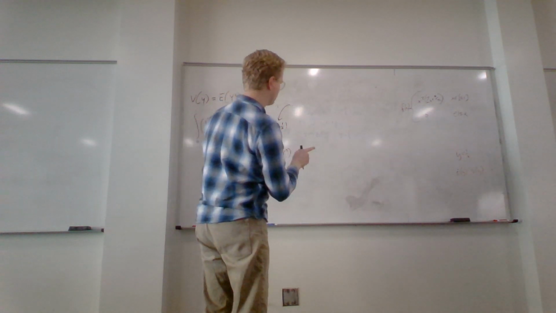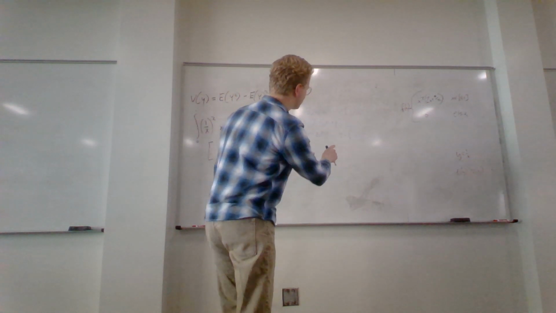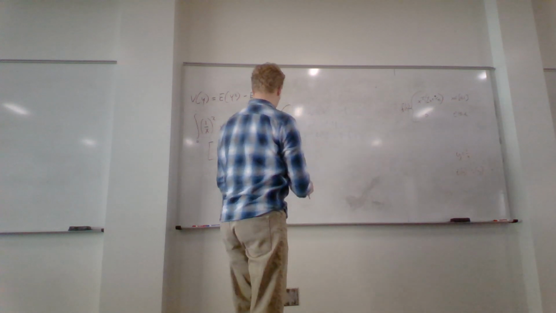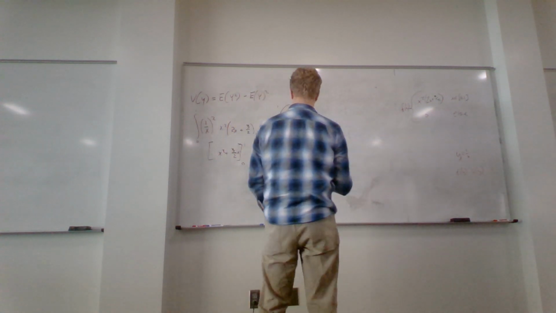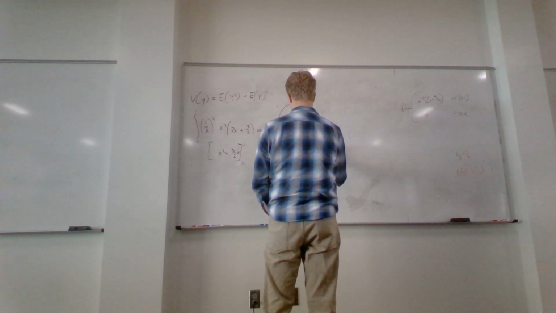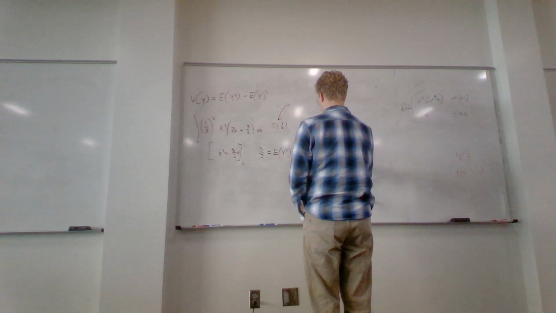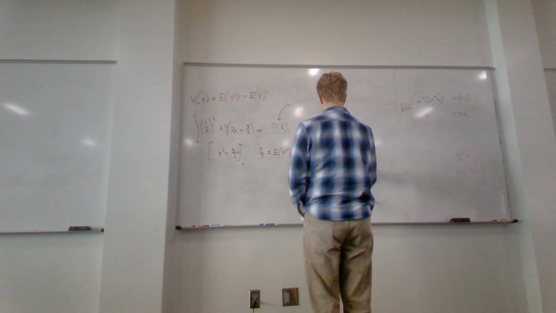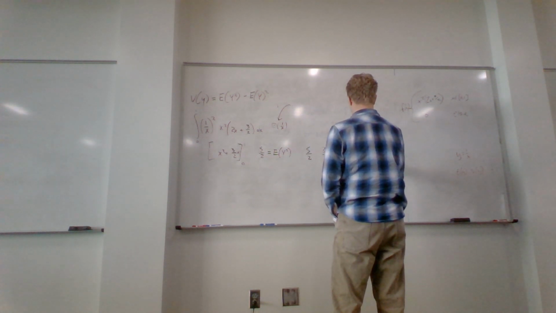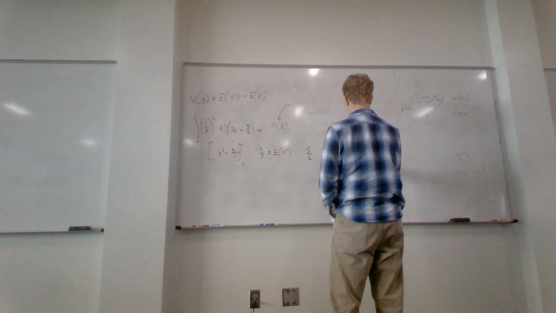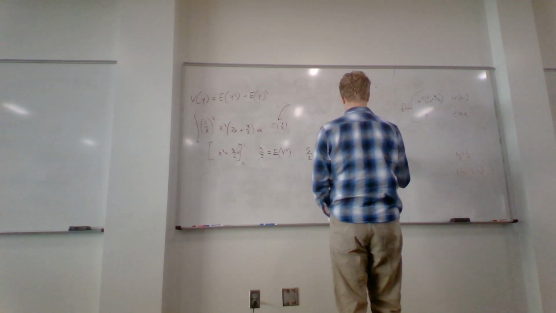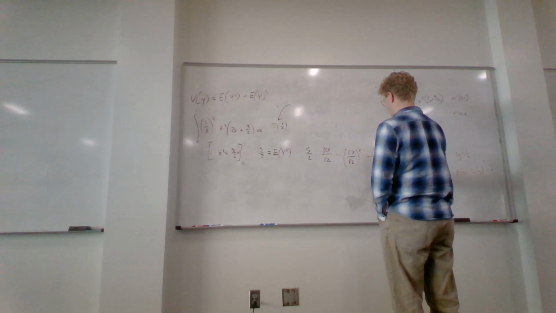And then we have 17 over 12, so 5 halves, which would be 30 over 12, minus 17 over 12 squared.